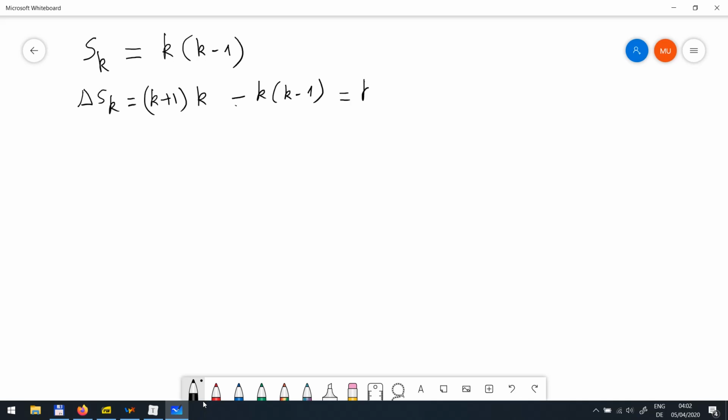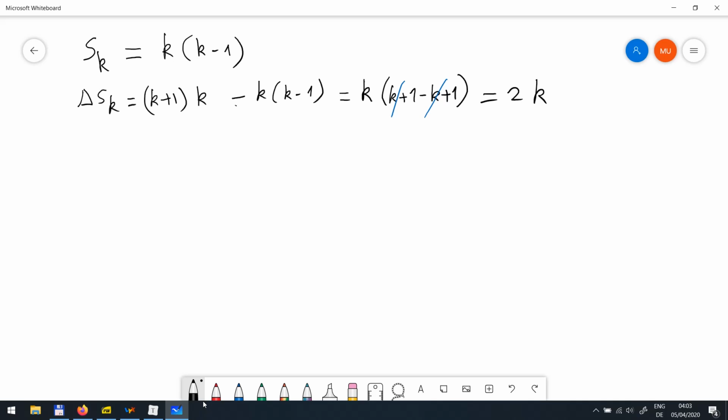K is common, so here I will have k plus 1, and here I will have minus k plus 1. You have to be careful, because this minus and this minus will become plus. This plus k and this minus k cancel out, and you are left with 2k, 2 times k.